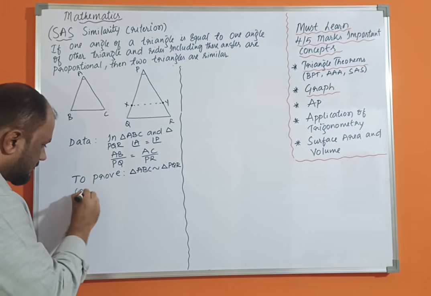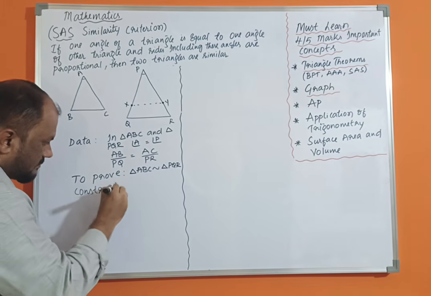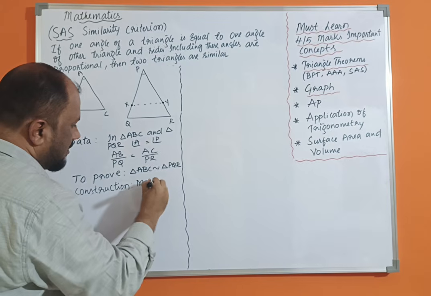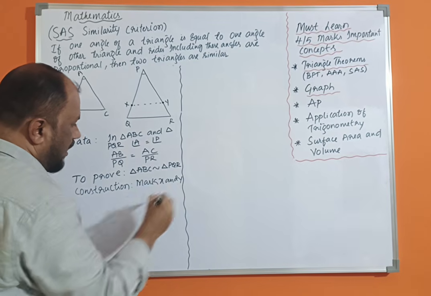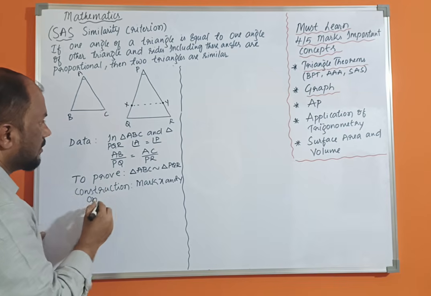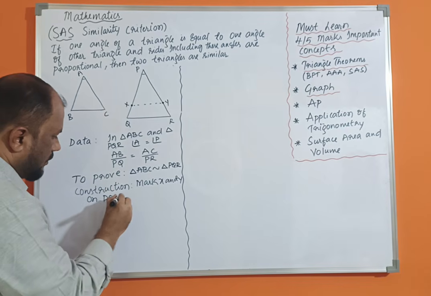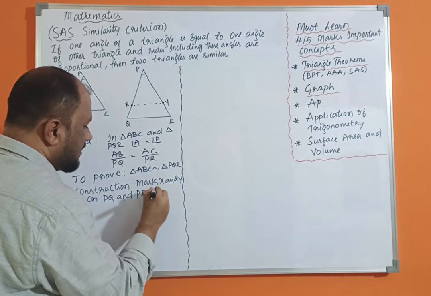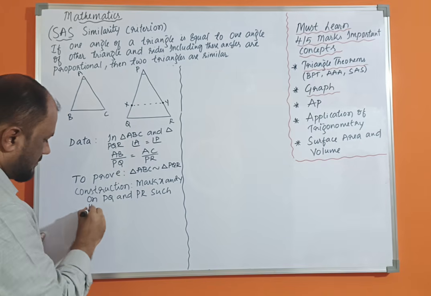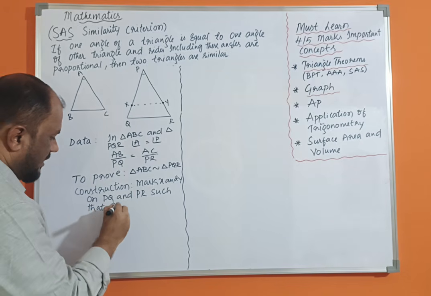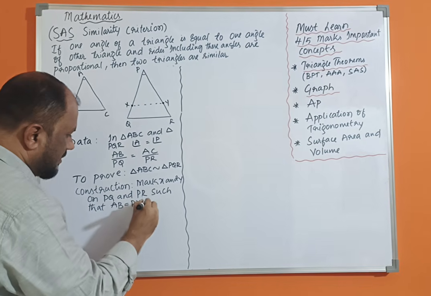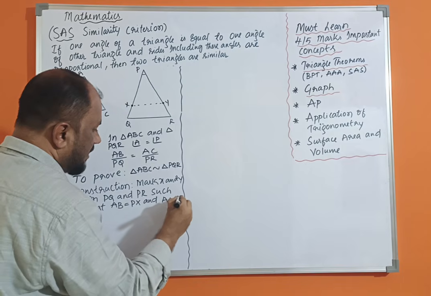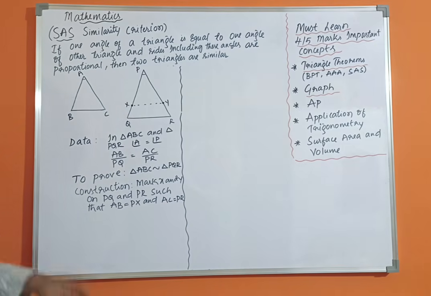Construction: mark X and Y on PQ and PR such that AB is equal to PX and AC is equal to PY.